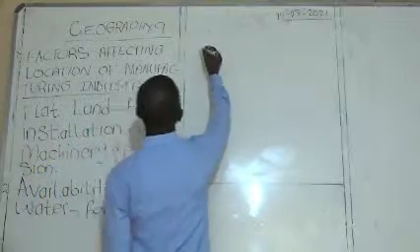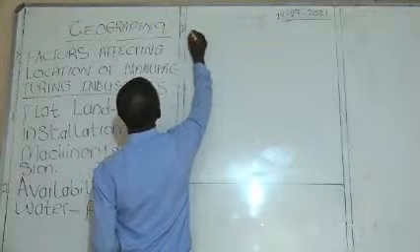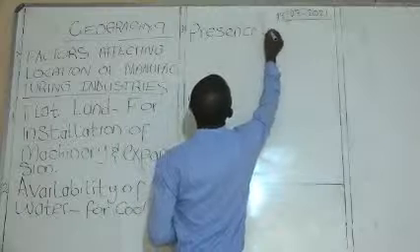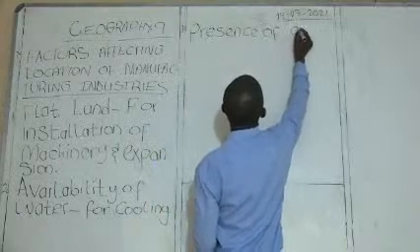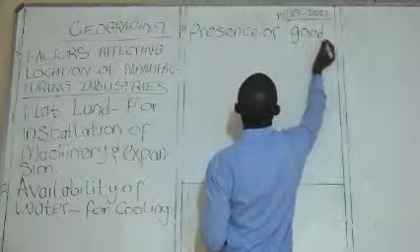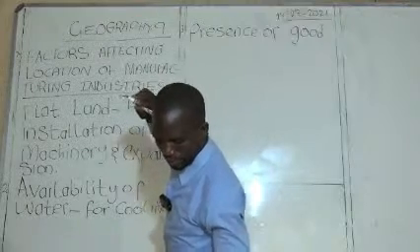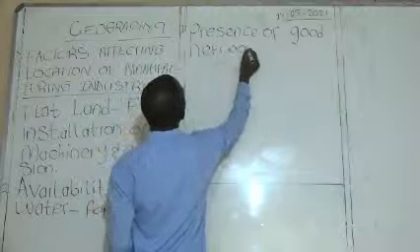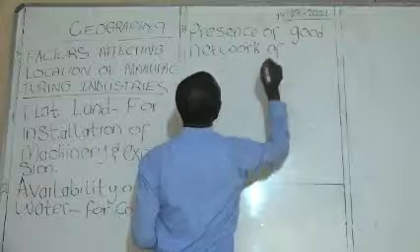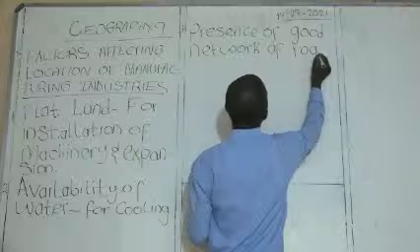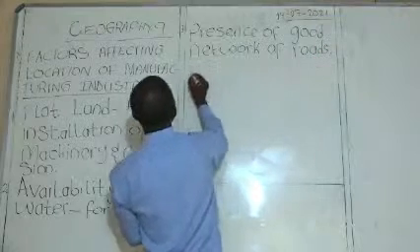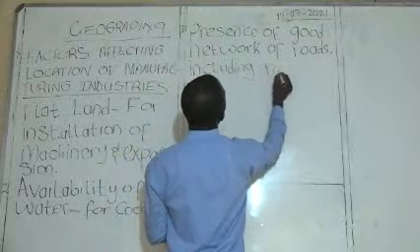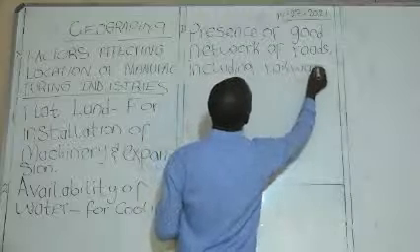So I will write my third point here. Okay? So we shall say: presence of good network of roads, including railway, or railways.